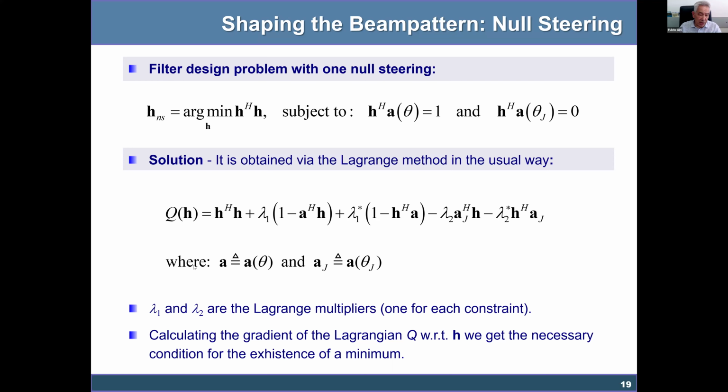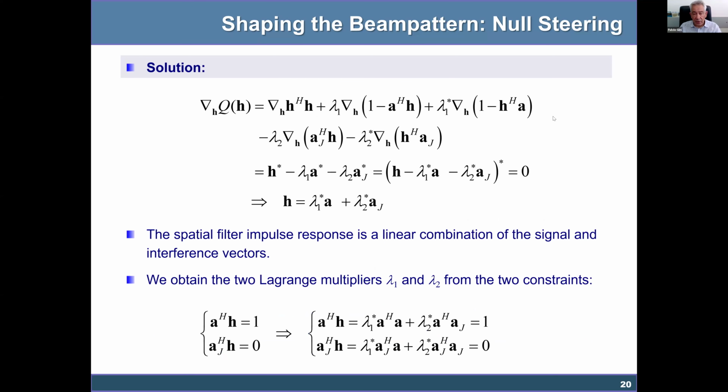To simplify the notation, I call A of theta the array response from the steering direction, and AJ the array response from the direction of the interference. And we solve the problem. So we calculate the gradient. I mean, this is quite simple, but I reported all the steps in the view graph.